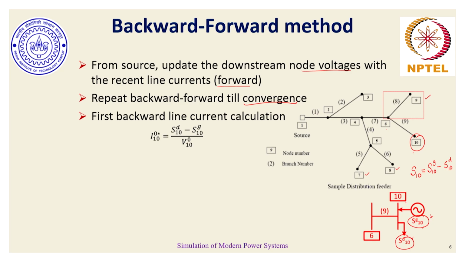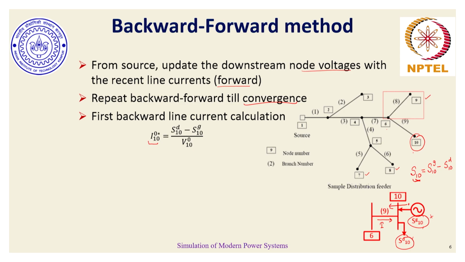It is from the bus into the network. What we are actually interested in is to find what should be the current in line number 9 so that the corresponding current, which is responsible for the injection power at bus number 10, is satisfied.